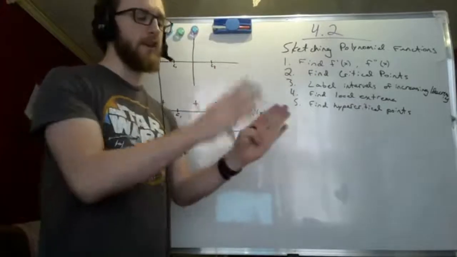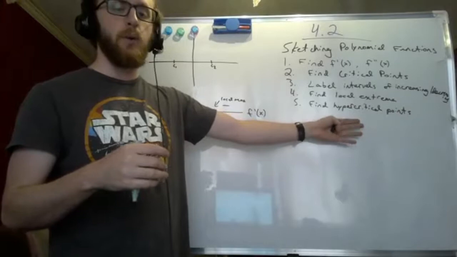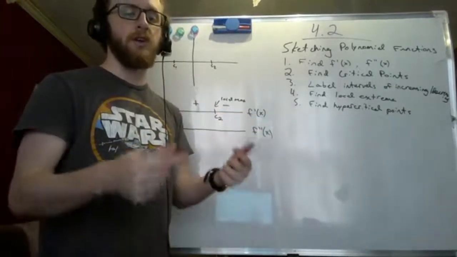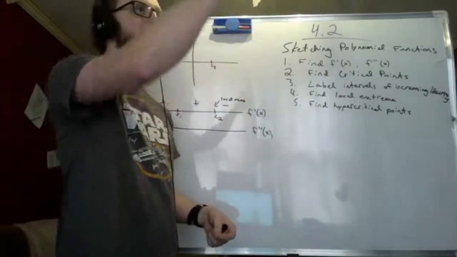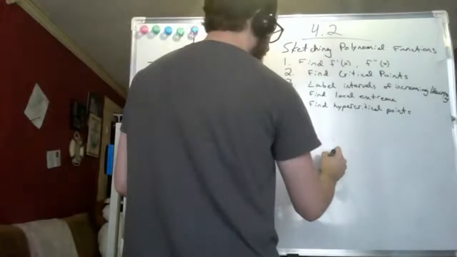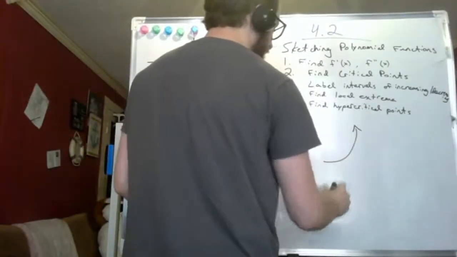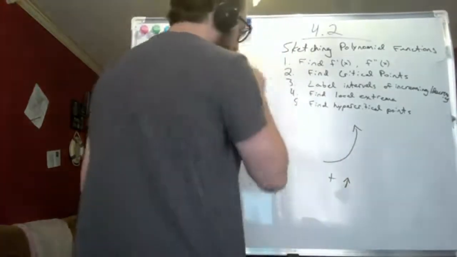And then when we check the intervals that are in between these hypercritical points, those are the places where we know the function is going to be concave up or concave down. So this is very useful for telling, okay, well maybe I have a function that's increasing, but is it increasing in a concave up fashion? So this would be increasing and concave up.